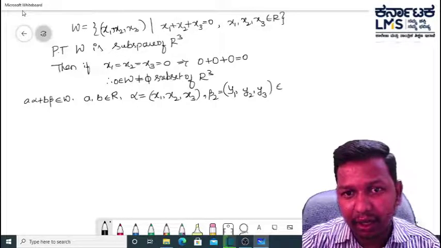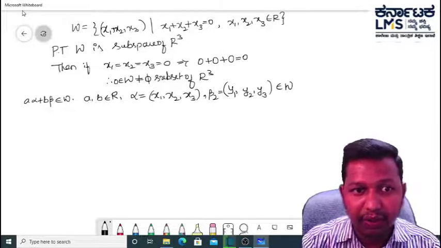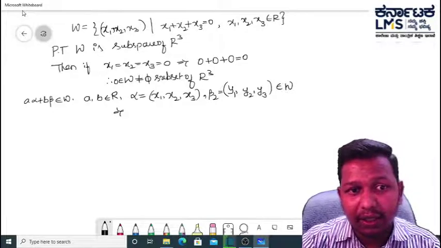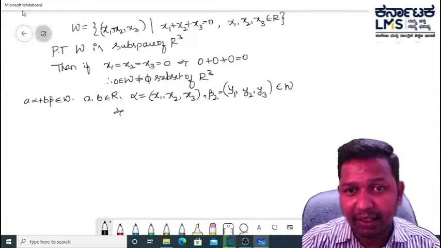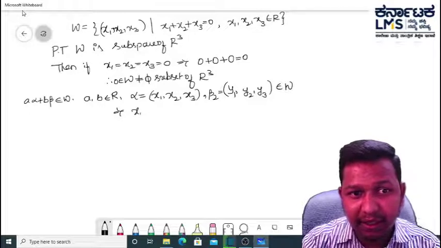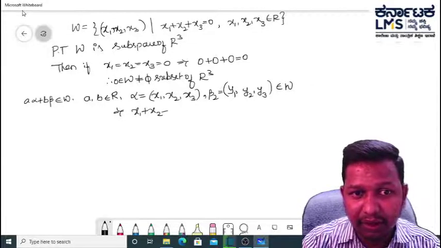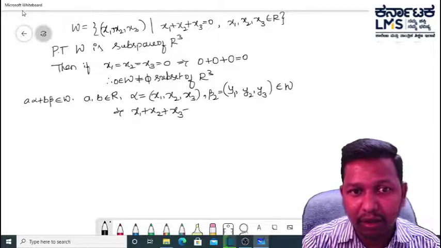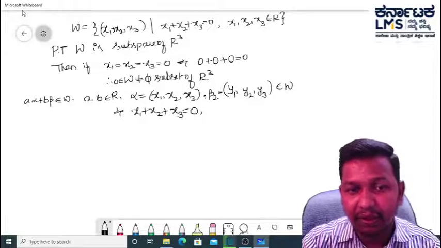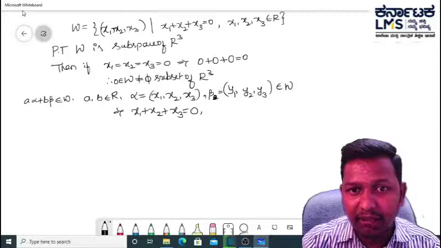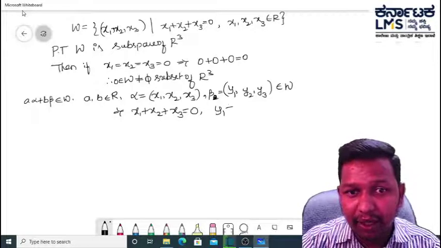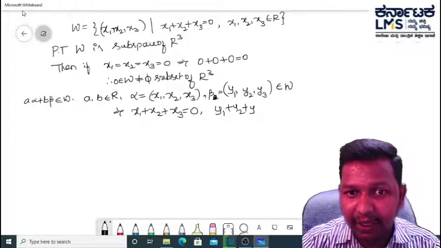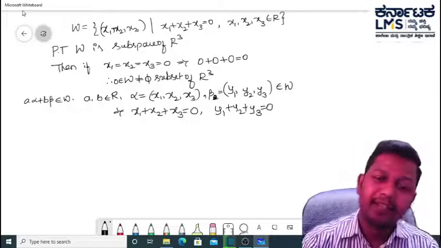These two are elements of W. So alpha equal to x1 comma x2 comma x3 is an element of W, which implies that the sum of these coordinates is equal to 0. Similarly, beta belongs to W implies that y1 plus y2 plus y3 is equal to 0.